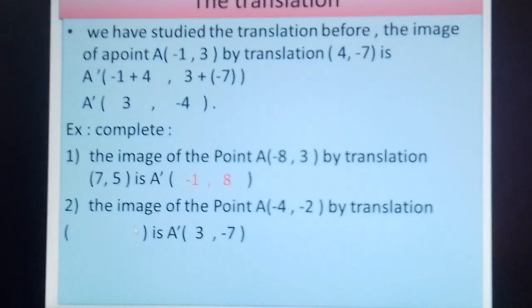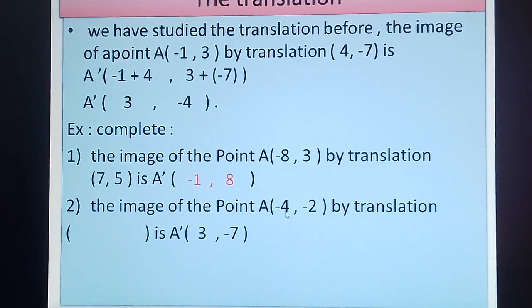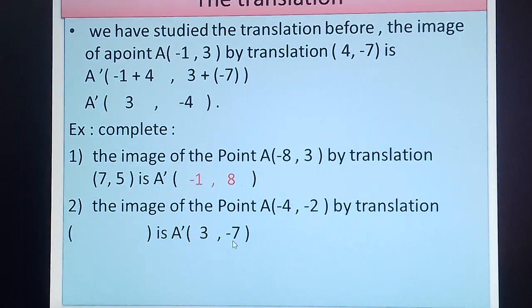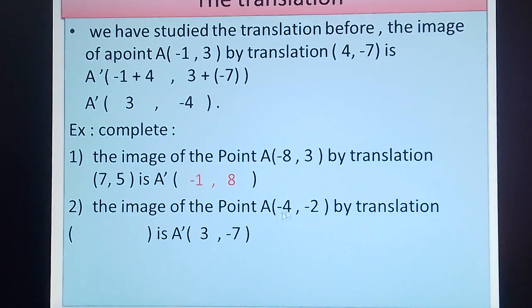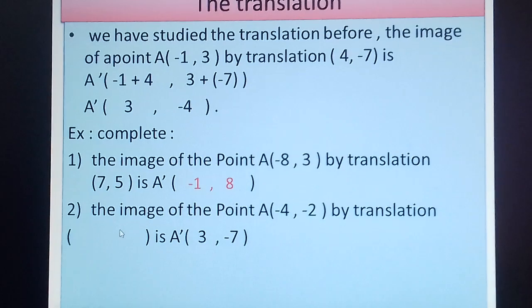Second exercise, he asked me the image of the point A(negative 4, negative 2) by translation. What is A dash (3, negative 7)? Here he gave me the original point and the image, and he asked me to find the translation.